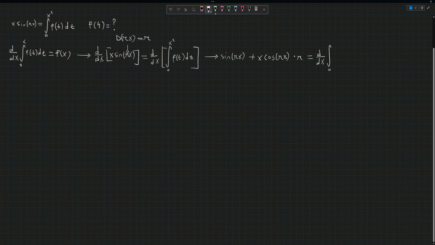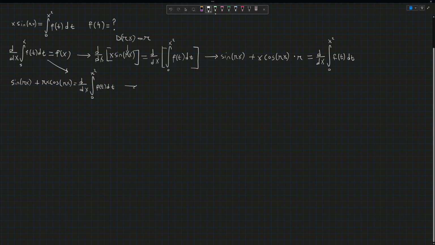Again, we're taking the derivative with respect to x of the definite integral of f of t dt. Now I'm going to apply the fundamental theorem of calculus here.